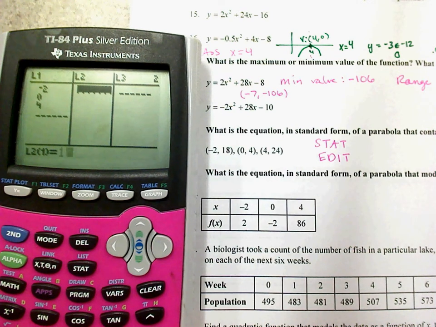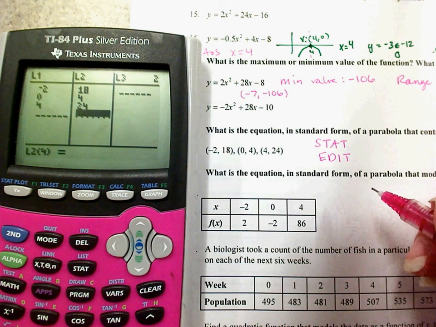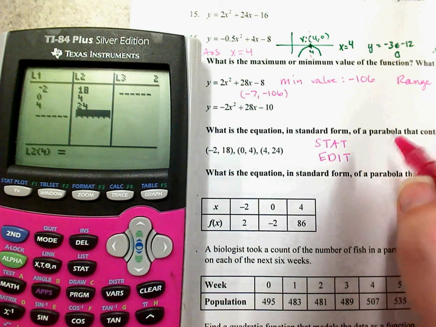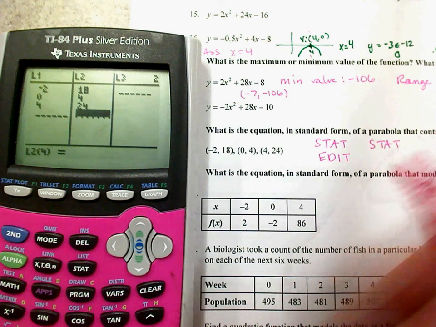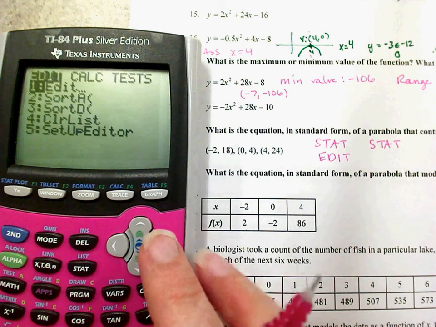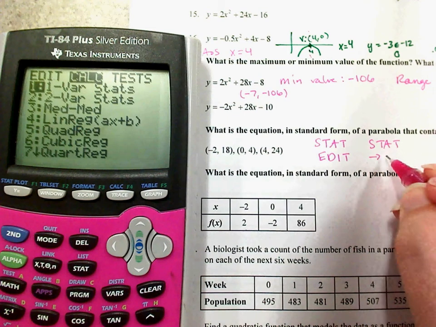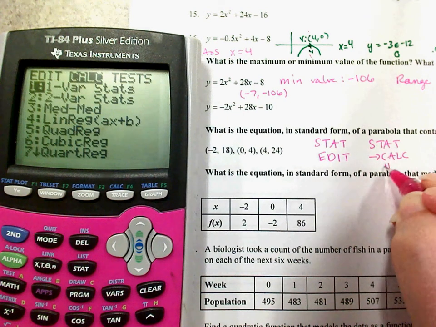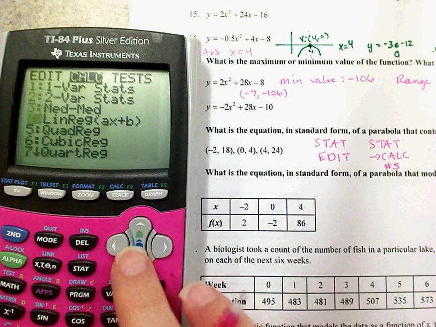Okay, so I've entered in my data. What do I do? Go back to stat. Good. Go over to calc. And they're saying number 5. I want to do a quadratic regression. So I press enter. Do I want to store the regression equation?